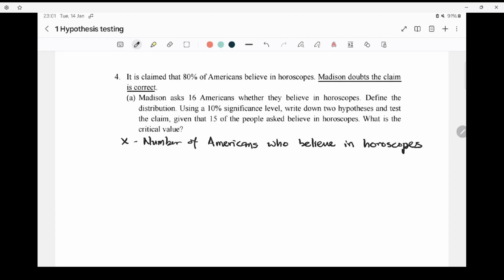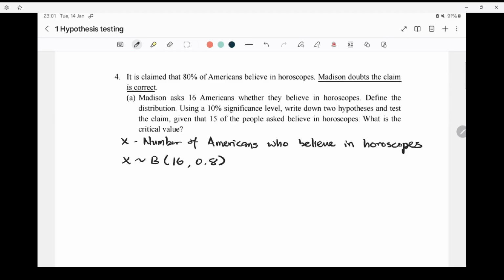Then she asked 16 Americans. So immediately you know that this is a binomial distribution. The n will be 16 and your probability of success will be 0.8.